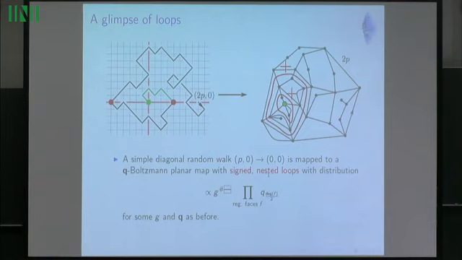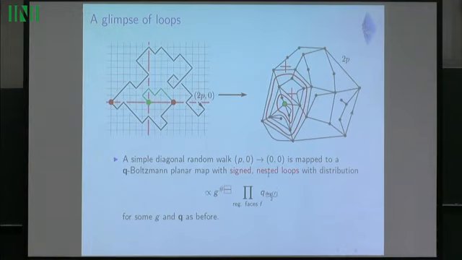So in fact I get a bijection between simple random walks, or any random walks with a symmetric distribution, and planar maps with a perimeter 2p corresponding to the starting point of the walk, and a number of loops that are nested around the marked vertex in the map. And again, there is some decoration on all the faces and vertices of the map.